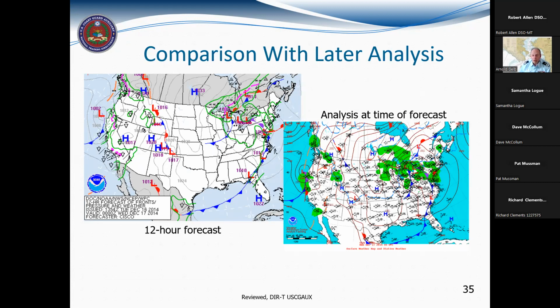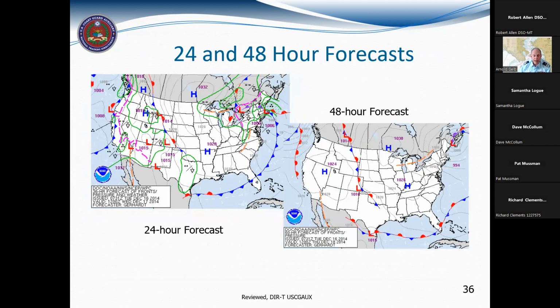So this is pretty accurate short term. Now this goes on to compare the longer forecast at 24 hours on the left and at 48 hours on the right. And note that the 48-hour forecast doesn't include precipitation. Also at 24 hours, interestingly, those 3 lows in the surface analysis are converging.